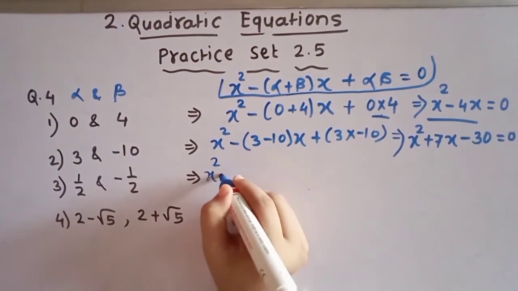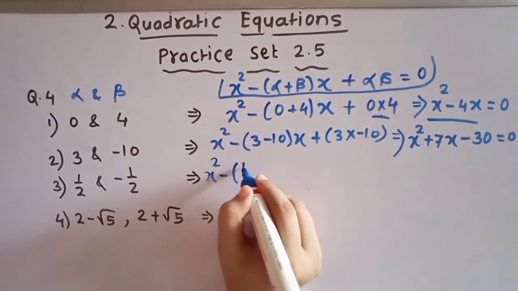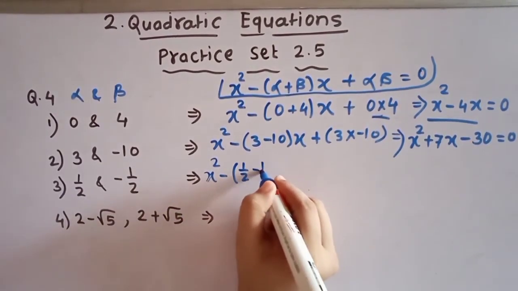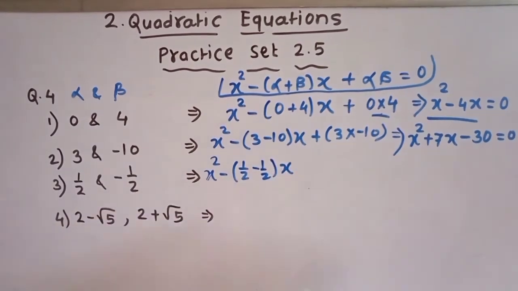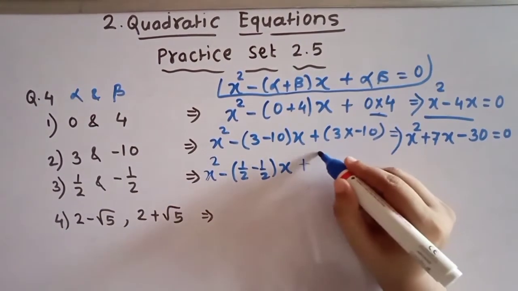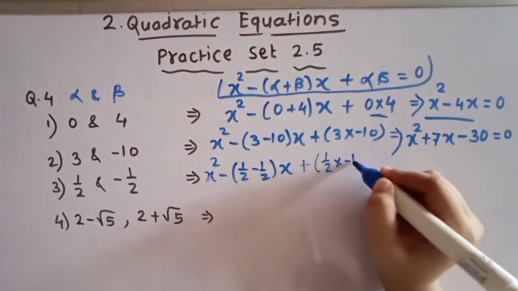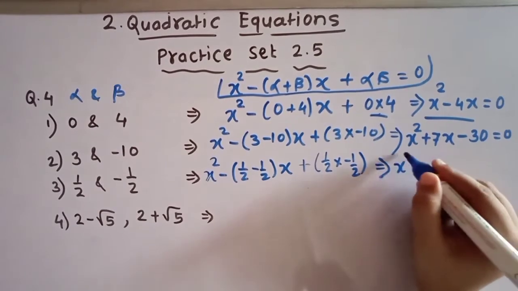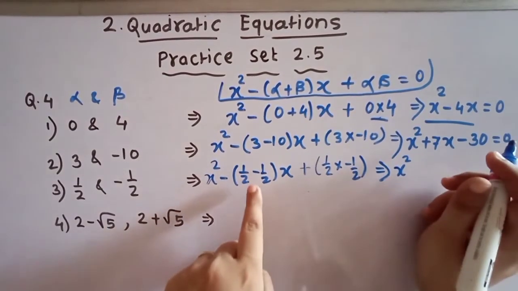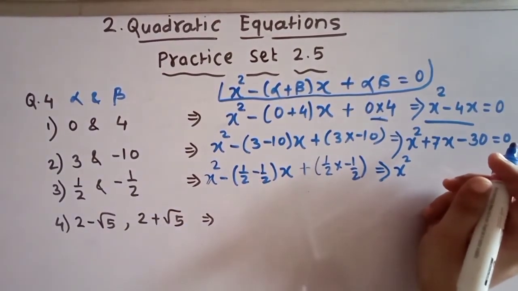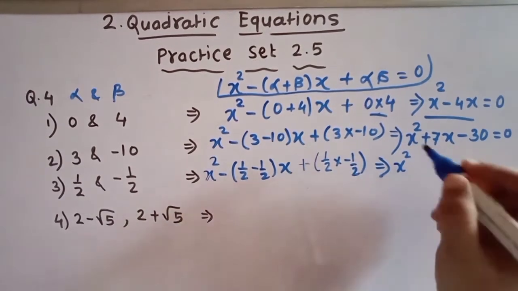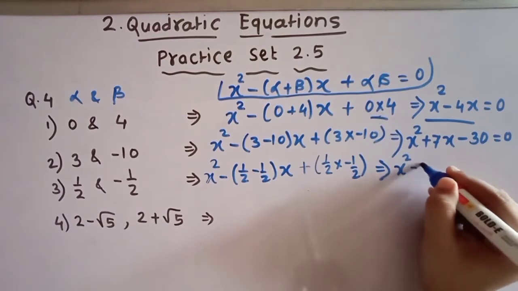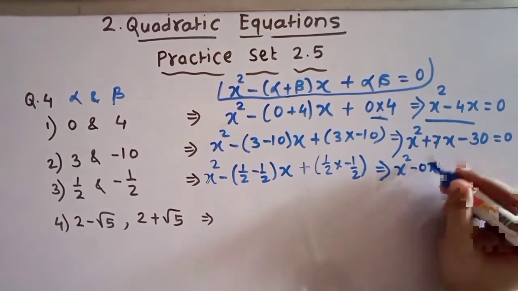So x square minus (alpha is 1 by 2 plus beta is minus 1 by 2) times x plus 1 by 2 into minus 1 by 2. So the final equation will be x square, half minus half, the answer is 0, so this term gets cancelled out. You can write minus 0x, but no need to write it.